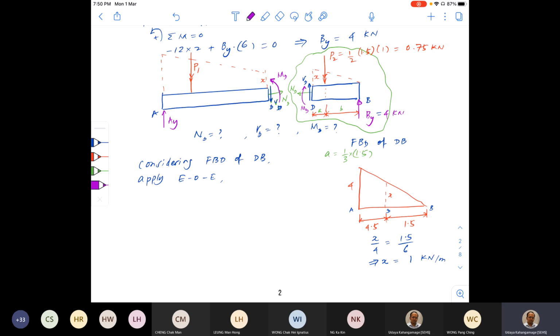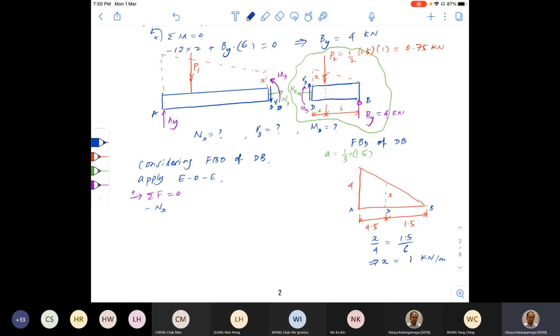Okay, so first to find out ND, we'll write our equation of equilibrium in x direction. Okay, horizontal direction should be equal to 0. So what it says, ND is in opposite direction, therefore negative ND.